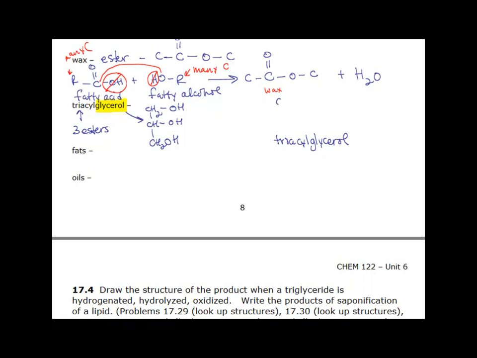Okay, so you have your glycerol backbone. Okay, so that comes from glycerol. And then you have esters. So you have your carbonyl. I'm going to put R to abbreviate for a ton of carbons.